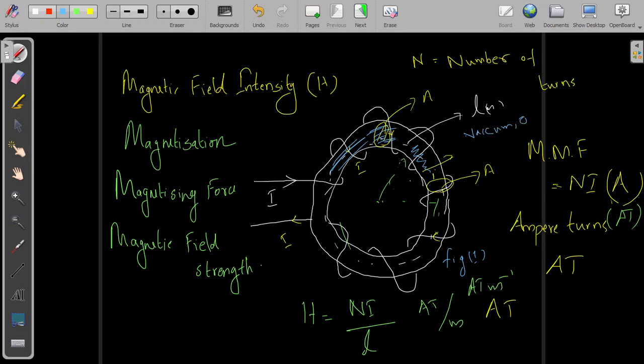That means you will not have these boundary lines. This is called the core.